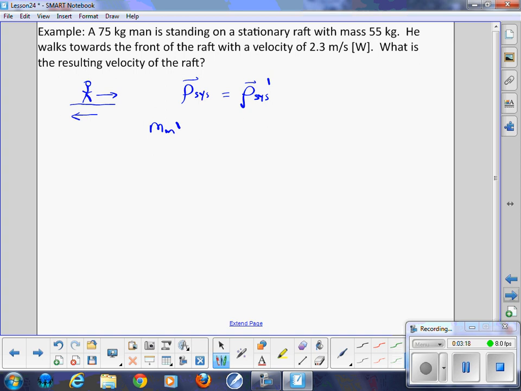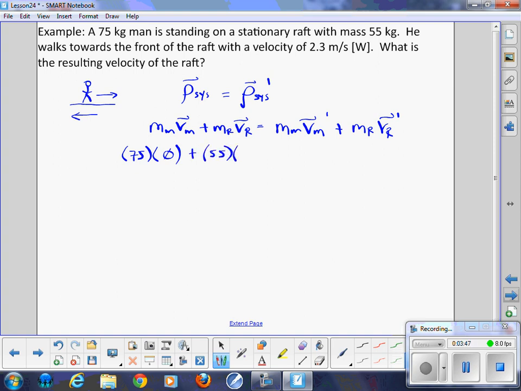Mass of man, velocity of man, plus mass of raft, velocity of raft, equals mass of man, which won't change, velocity of man, which does change, plus mass of raft and the velocity of raft after the interaction. If the man starts out standing on the raft, this 75 kilogram man is not moving, so his velocity is 0.